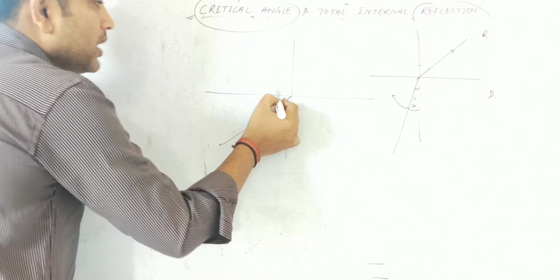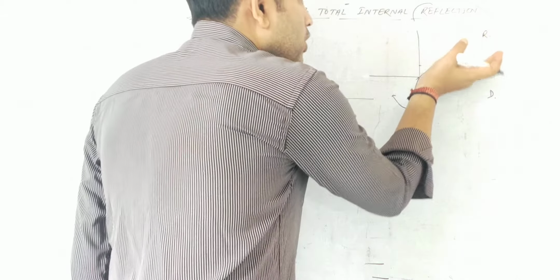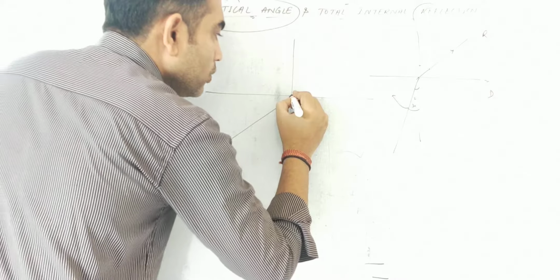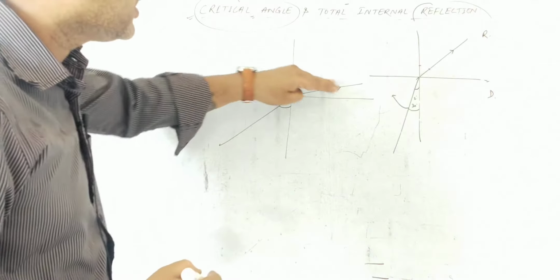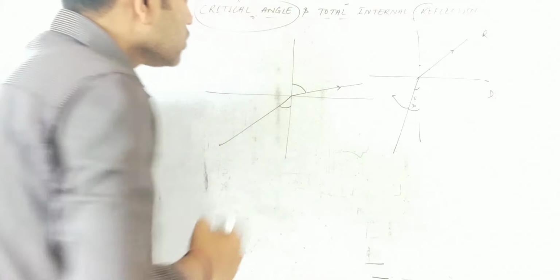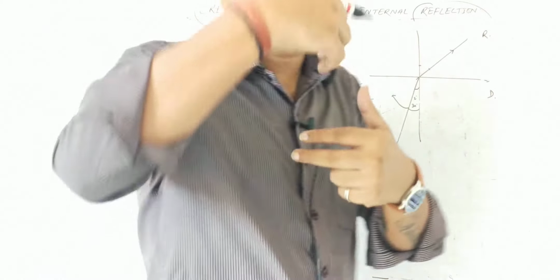Under that situation we notice that the ray of light will bend towards the surface separating the two media. It will refract a little more. So this time the refracted ray will be something like this. That means the angle of refraction has increased. So with the increase of the angle of incidence, the angle of refraction has also increased.